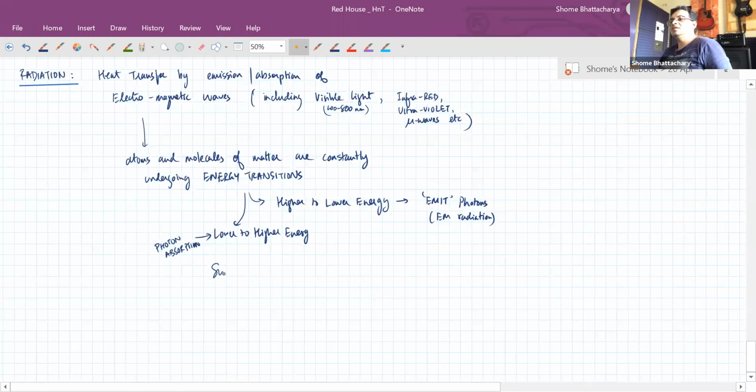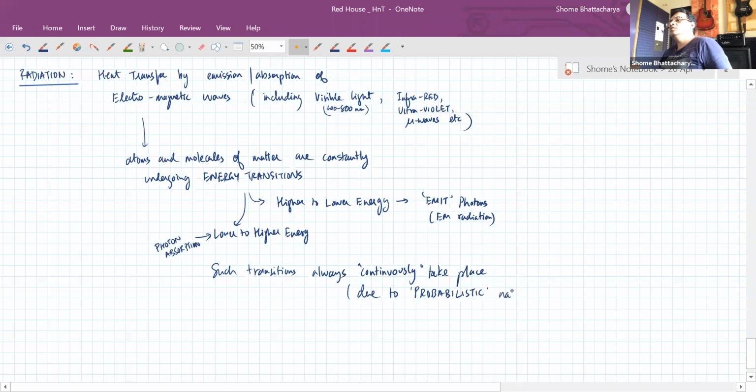Okay? So such transitions always, continuously take place in matter, due to the probabilistic nature of atomic or molecular quantum mechanics.